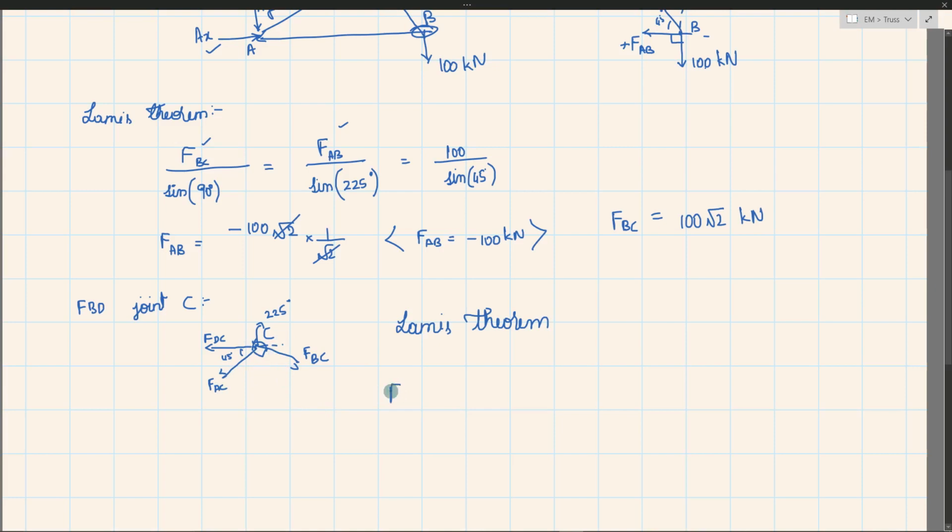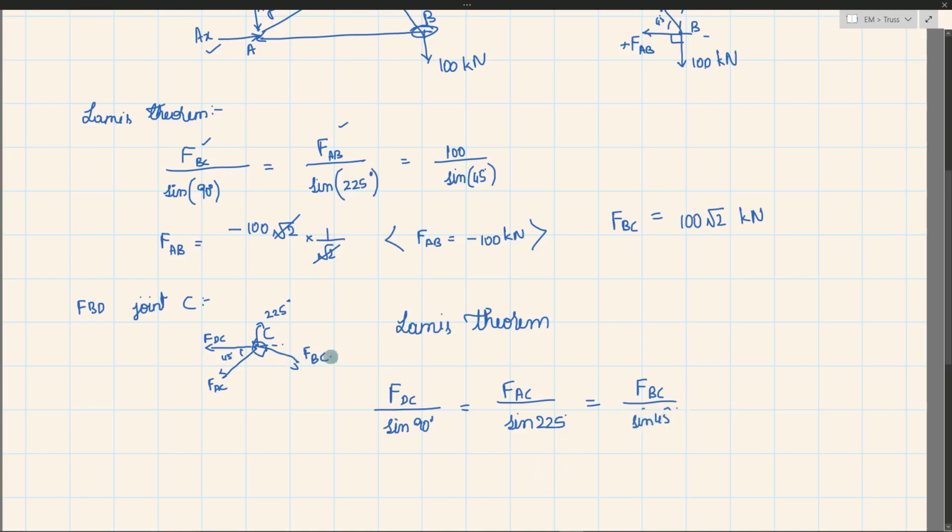So we have FDC divided by sine 90 degree is equal to FAC divided by sine 225 degree is equal to FBC divided by sine 45 degree, right?